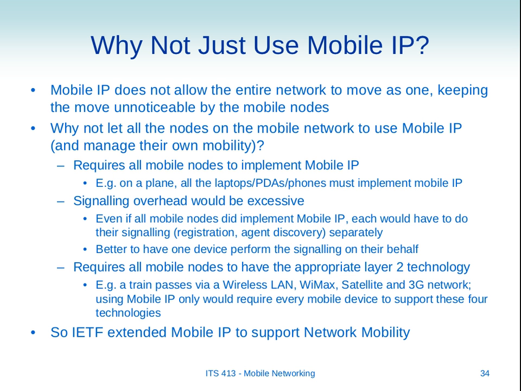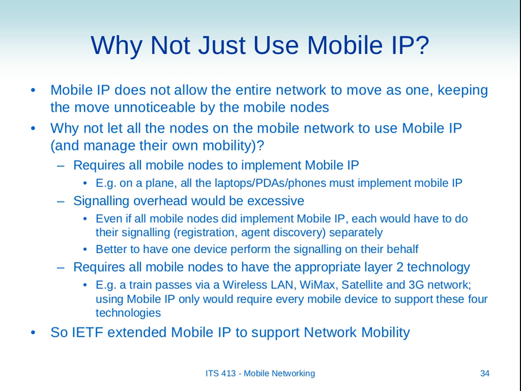If there are 100 devices on here, then we have 100 mobile IP registrations happening. As this train moves, they will all need to register with a new foreign agent when it becomes within range of the new foreign agent. So we have 100 more mobile IP registrations, all back to the home agent.